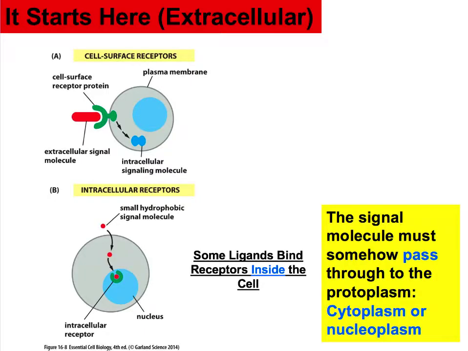Just as there are 2 mechanisms of speed of response, there are also 2 mechanisms of place of interception of the signal. So the first place that signals can be intercepted is on the surface of the plasma membrane. And in these cases, the signal molecules are unable to pass through the lipid bilayer because they are either too large or they have a charge.